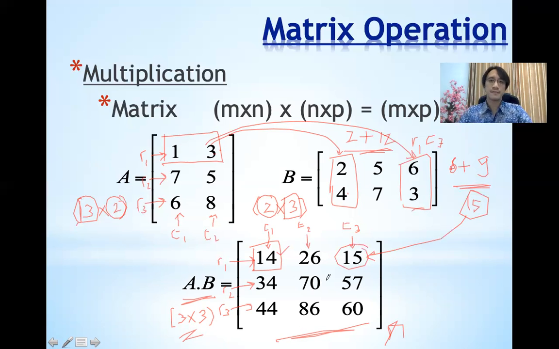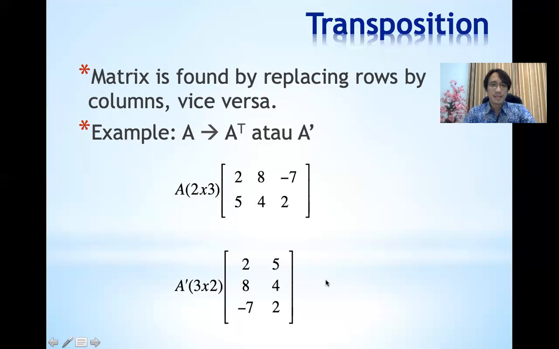See? And you can multiply using the same way for the other numbers in that matrix. That's the multiplication operation of matrix. That's very important, so you need to learn it very well.